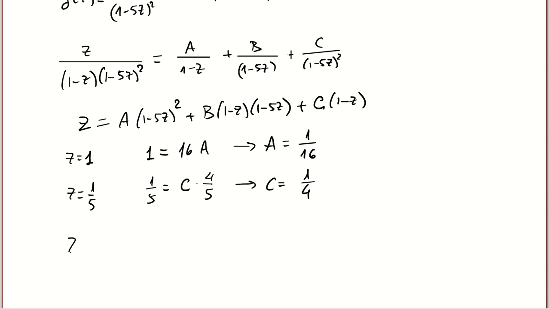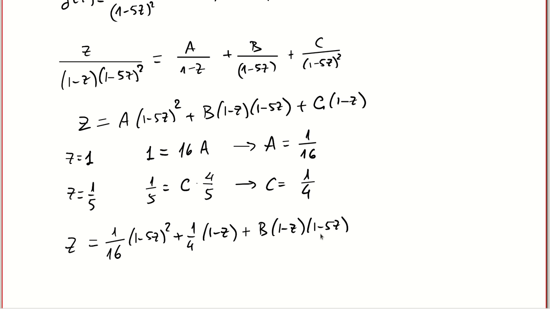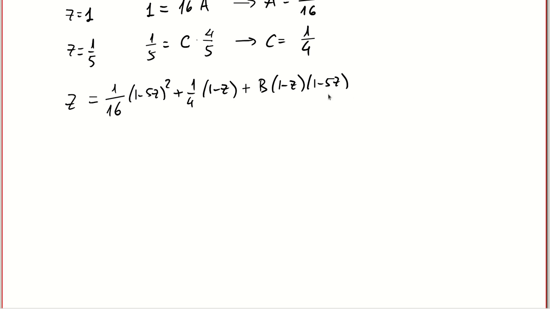So we have z on this side, and that is equal to 1 over 16, 1 minus 5z squared, plus 1/4, 1 minus z, and then we have b times 1 minus z, 1 minus 5z, right? And we need to simplify now, so we just eliminate that.